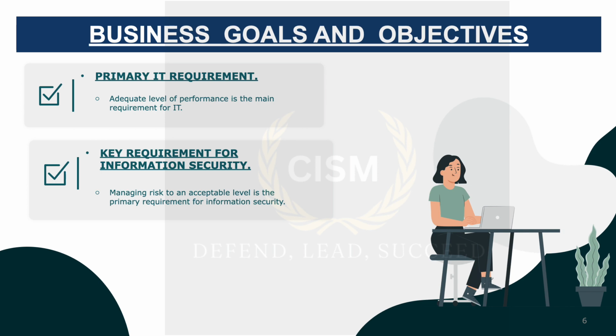This involves identifying, assessing, and mitigating potential threats to ensure the confidentiality, integrity, and availability of information assets. Friends, by setting and adhering to risk management standards, information security efforts aim to strike a balance that aligns with the organization's overall objectives while safeguarding against potential security breaches.